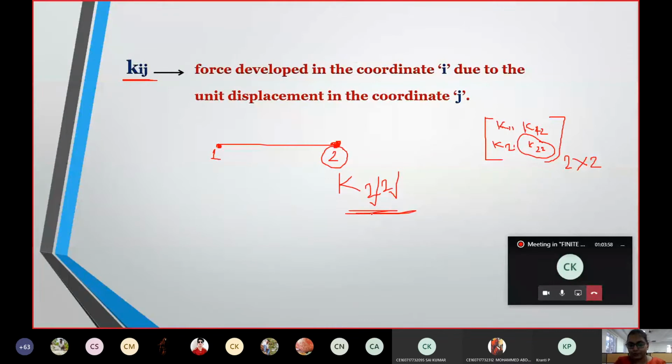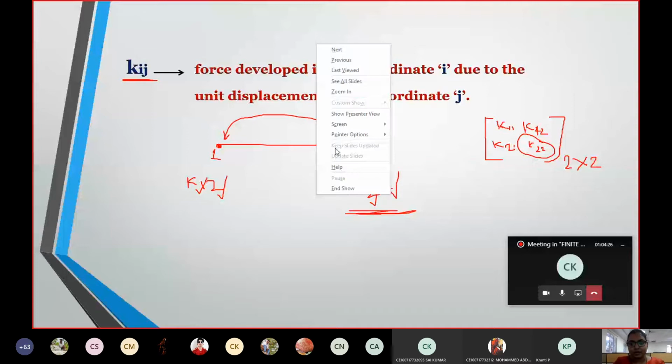That is K22. If I'm applying unit displacement at 2 and I want the force produced in coordinate 1, that becomes K12. Application of unit displacement is at node 2, but the force required is at node 1. That will become my K12.